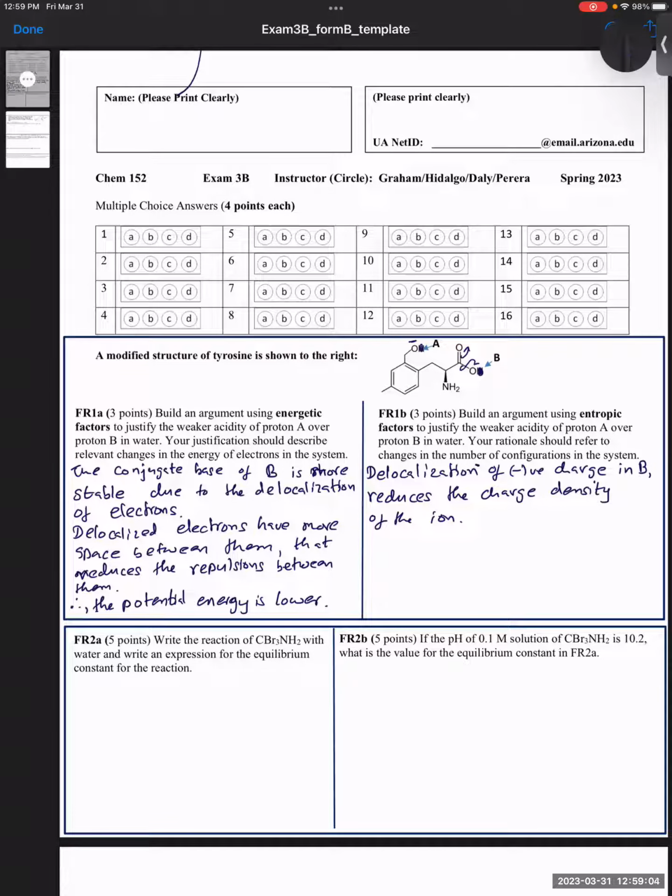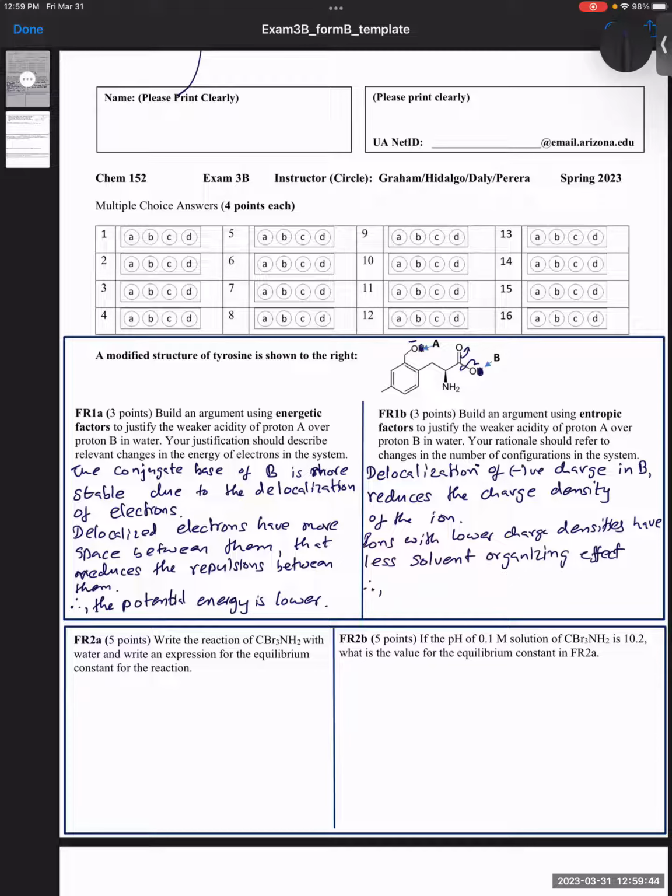Ions with lower charge densities have less solvent organizing effect.